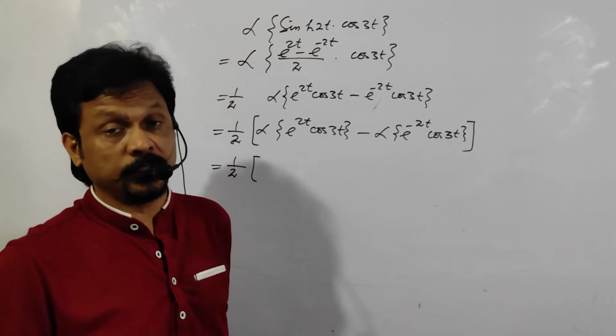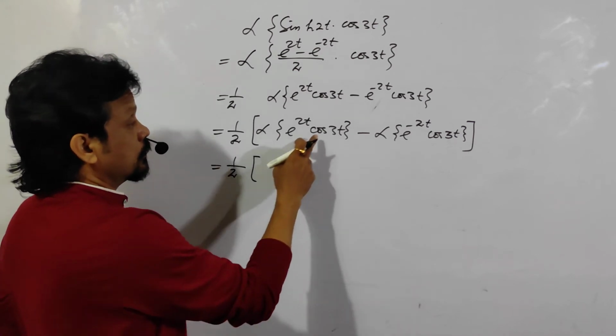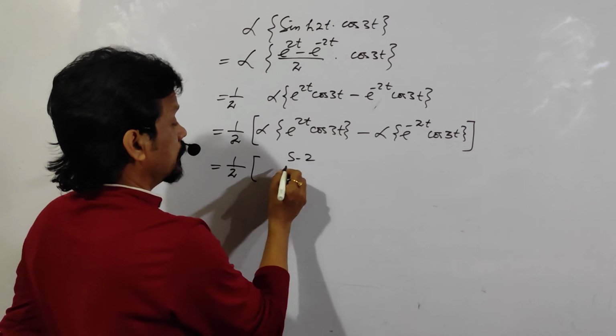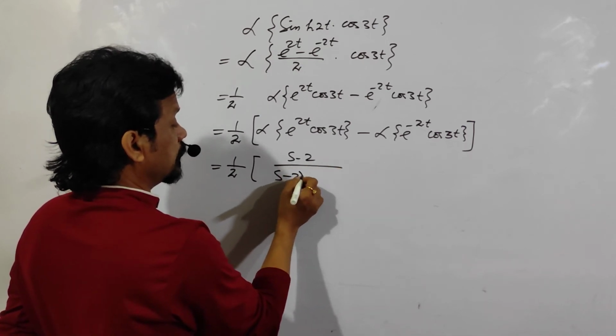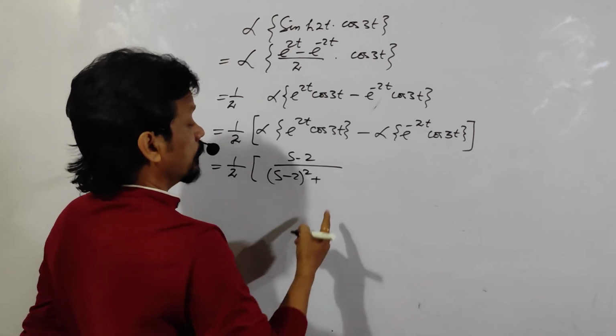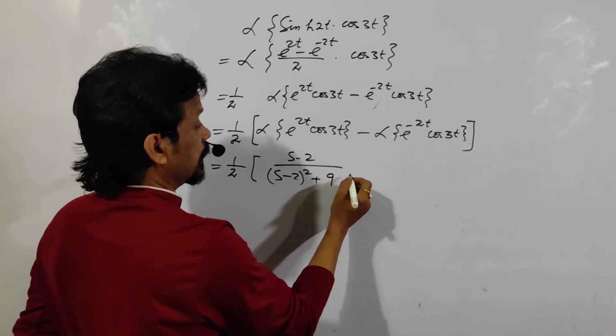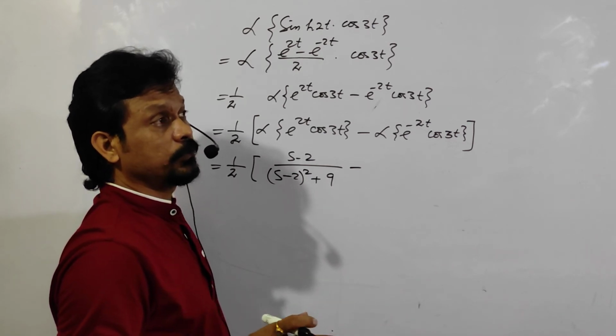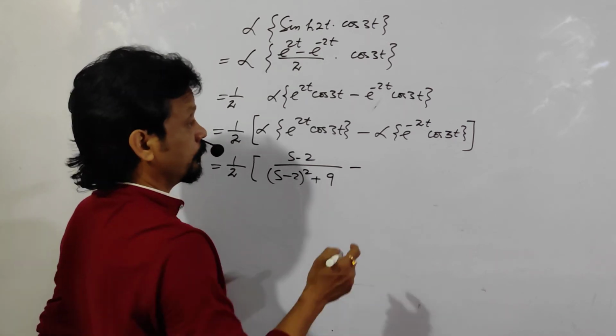This is in the form of e to the at into cos 3t. Today I have derived the formulas. So cos is there, so s minus a divided by s minus a whole square, trigonometric function is there, so plus b square, 3 square, it is 9. Clear? Please remember, otherwise it will become too difficult for you.